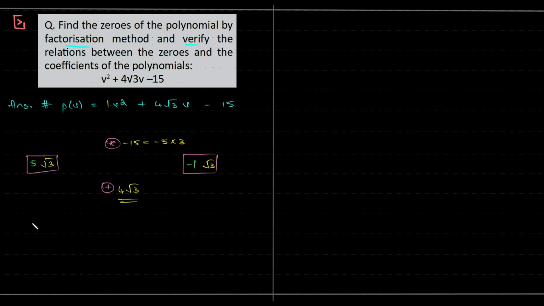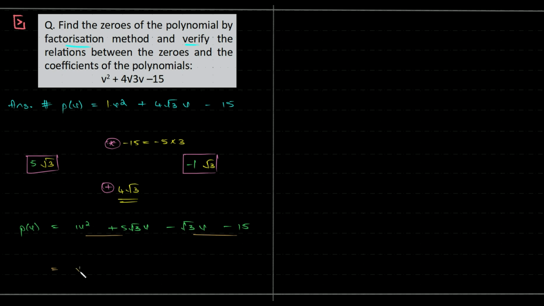Does it make sense? And so we have p(v) is equal to 1v square plus 5 root 3 v minus root 3 v minus 15. Okay, got it? And then we have to take common.